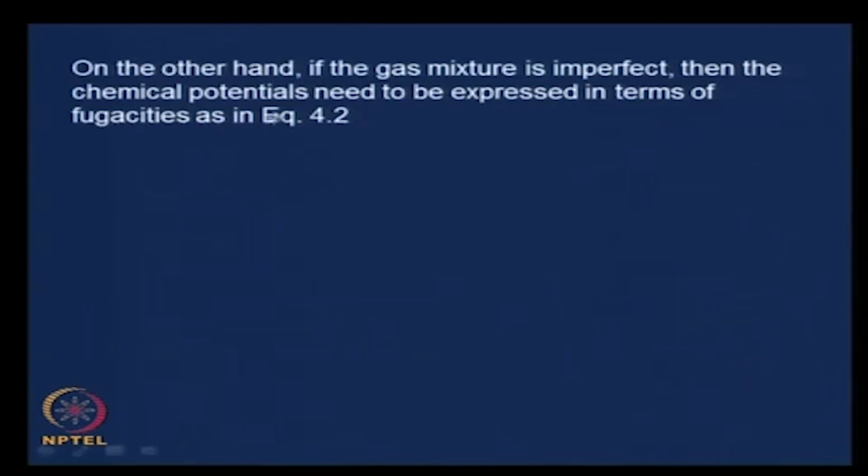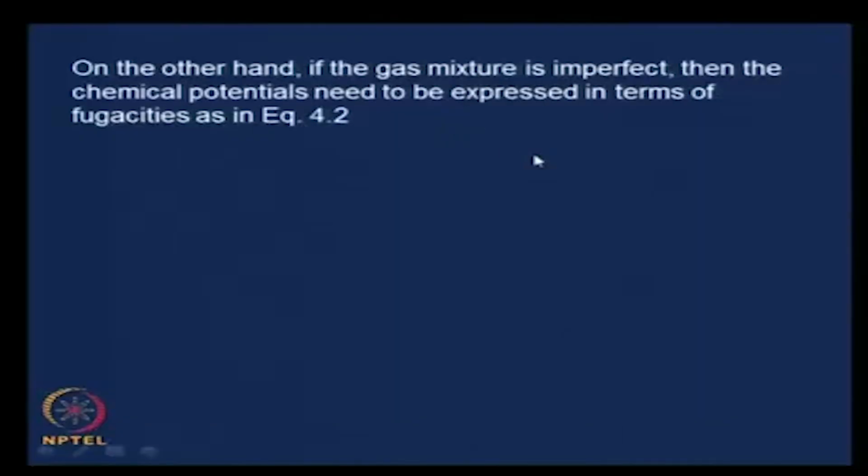Now all those equations that we derived so far, the equilibrium constants, were applicable for perfect gas mixtures. If the gas mixture is imperfect, which is usually the case, then the only change that we need to make, since we are working in terms of chemical potentials, is that the chemical potential needs to be expressed in terms of fugacities instead of partial pressures.